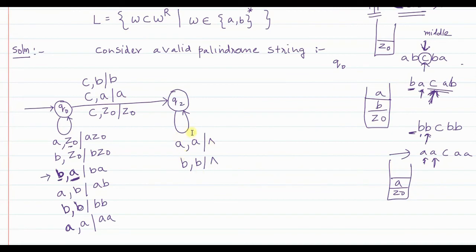And after doing this cancellation, finally, in Q2 state, when there is nothing remaining to be scanned in the input string, after reading the entire input string, if the stack is also empty, you perform a no change operation and you just go to the halting state HA.